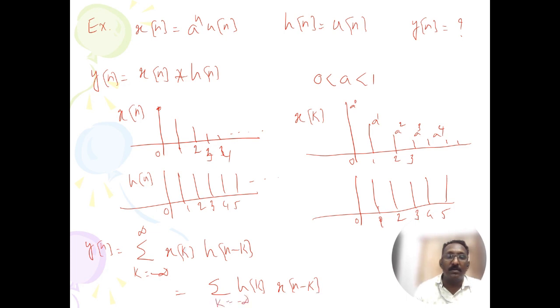Depending upon our convenience, we can keep either x of k constant or h of k constant, and take the limits on the other signal, either the impulse response or the input sequence. For different values of n, we have to multiply both x of k and h of k.